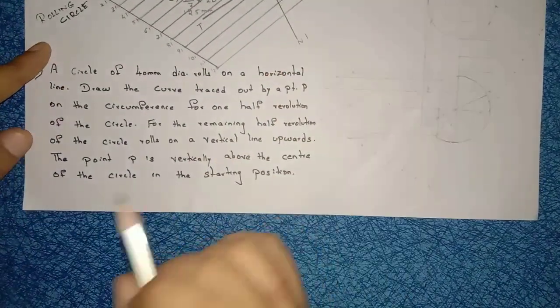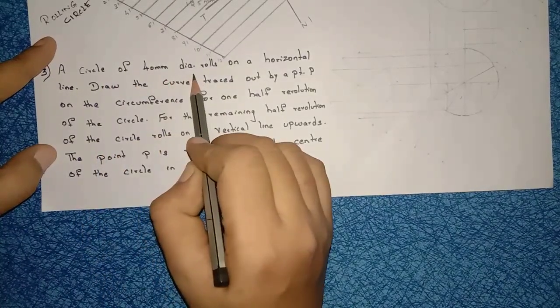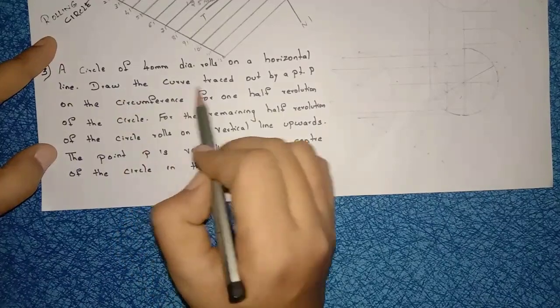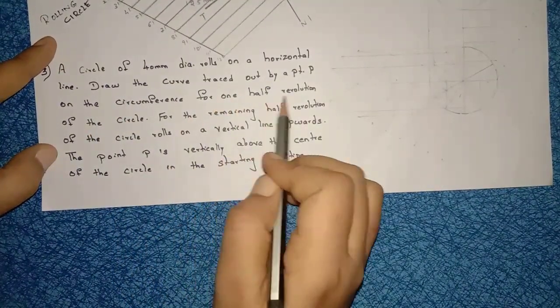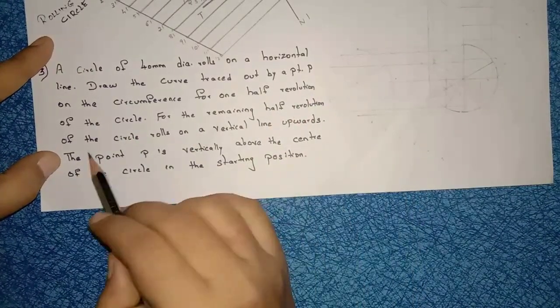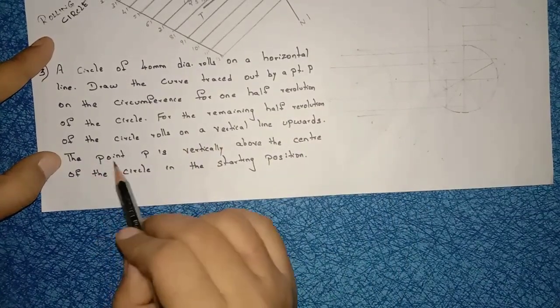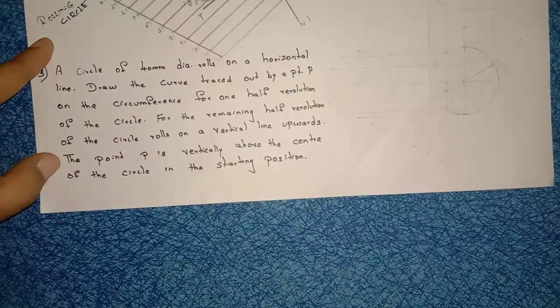This is our question. First we will read it. A circle of 40 mm diameter rolls on a horizontal line. Draw the curve traced out by a point P on the circumference for one half revolution of the circle. For the remaining half revolution, the circle rolls on a vertical line upwards. The point P is vertically above the center of the circle in the starting position.